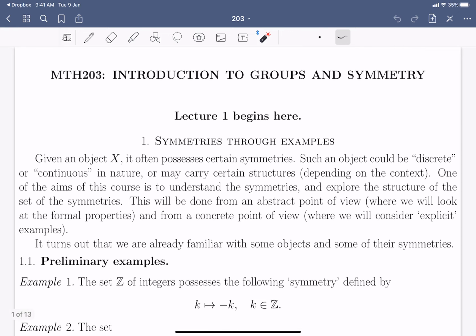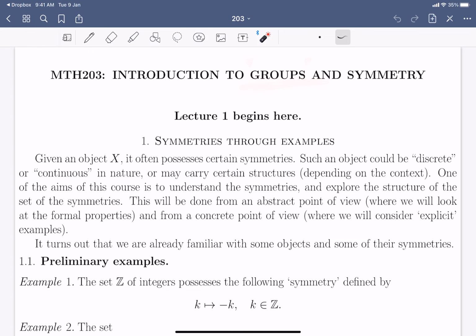This course focuses on both of these aspects, whereas the aim of this course is to understand this notion of groups through symmetries. The aim, at least for several lectures, is going to be to understand this notion of groups.